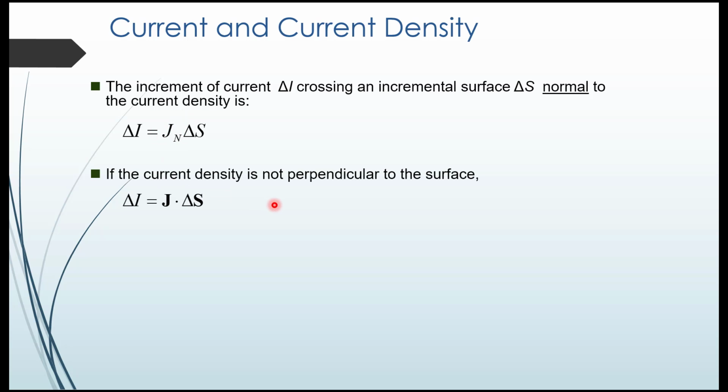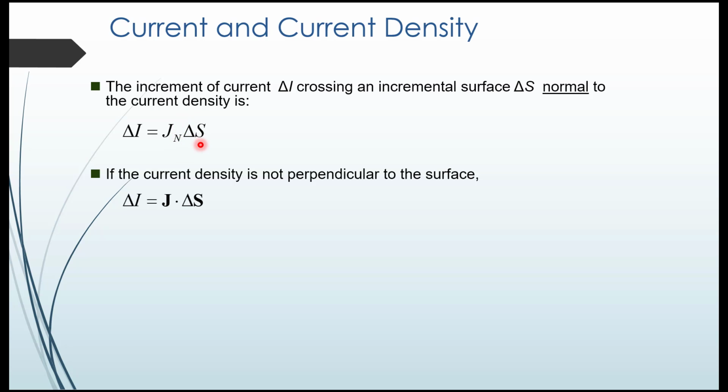If the current density is not perpendicular to the surface, then we have to take the dot product of J and delta S bar. Here, delta I is given by J multiplied by delta S. Here both the components are assumed to be normal.